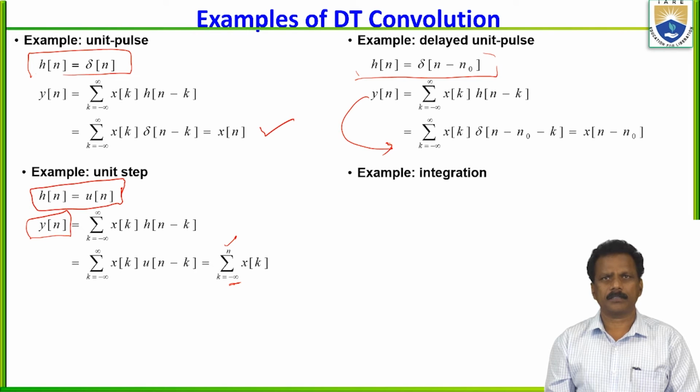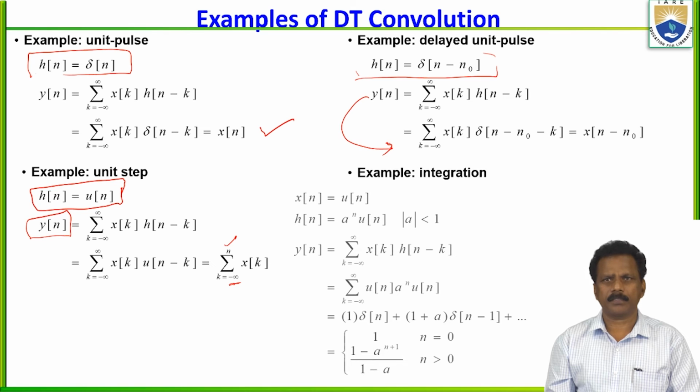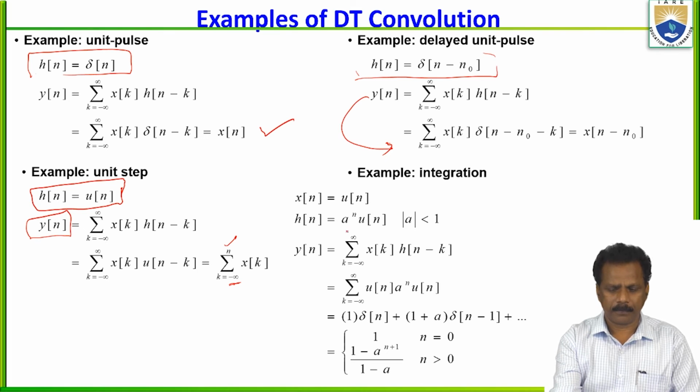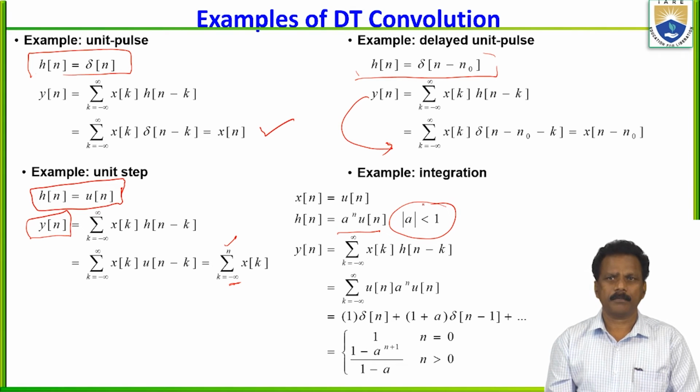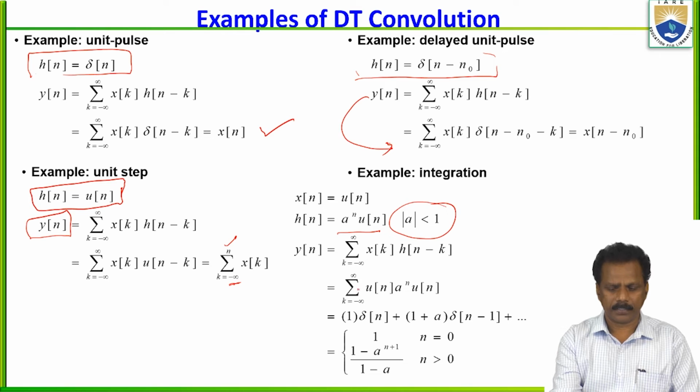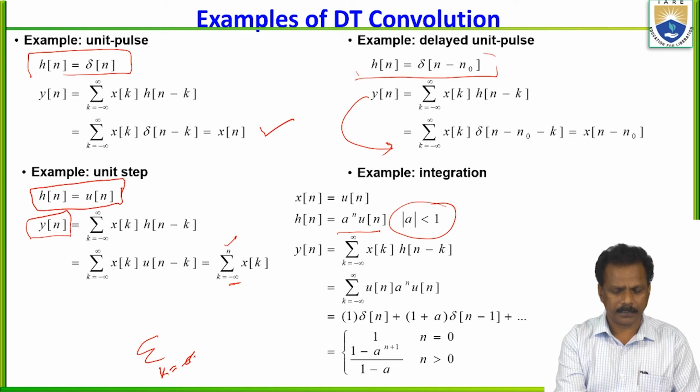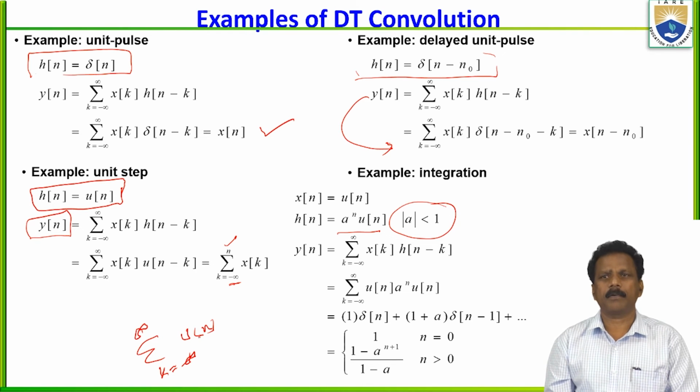Similarly, the integration also you have to verify, how the DT convolution varies with h of n. Here x of n is equal to u of n, and h of n is equal to a power n u of n, with a less than 1. y of n is equal to the summation k equal to minus infinity to plus infinity of x of k into h of n minus k, within this u of n and a power n u of n.